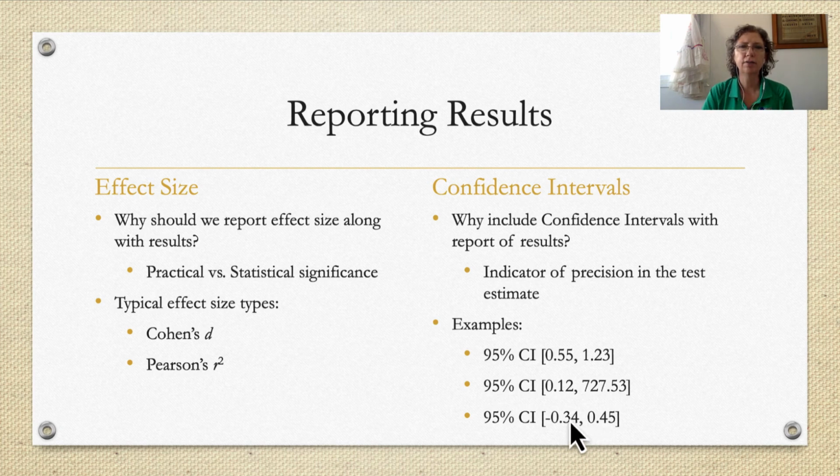Anytime you see a confidence interval that is on both sides, like I have a negative number and a positive number, and 0 would have occurred between the lower and upper bound there, then I know that that test estimate is not significant, because it could have been 0, and 0 means the null was the correct decision to stay with there. So just some tips on reading confidence intervals.